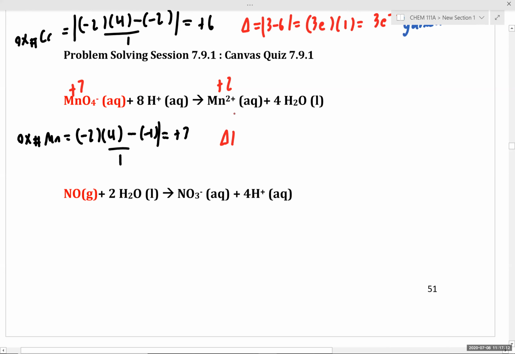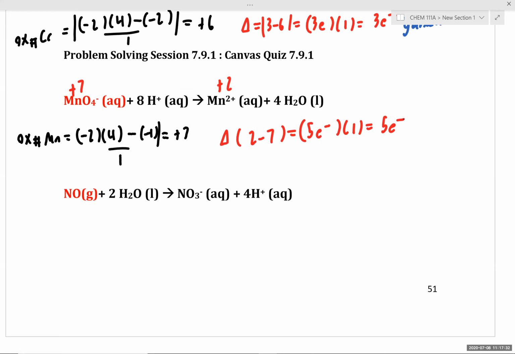So our difference, our amount of electrons gained in this process, is 2 minus 7, which gives us 5 electrons times 1 manganese atom. That gives us 5 electrons gained total.